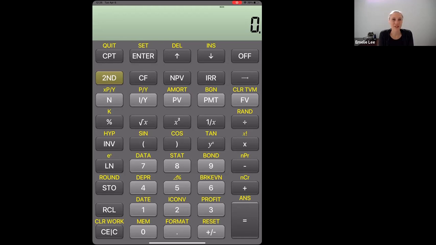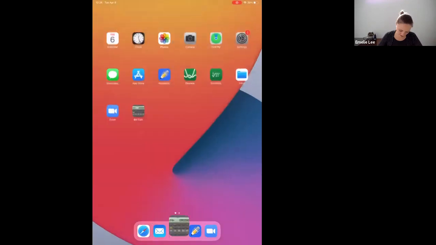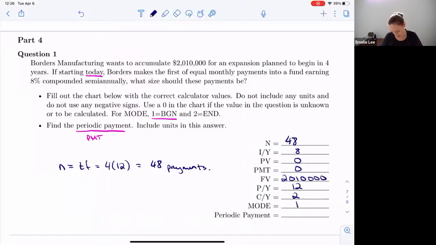Okay, so now that we've changed the mode, everything is just the same. It's going to handle that change in interest payments and all that fun stuff. So our n was 48. Drawing a blank here, I think it was 7%, but 8%.